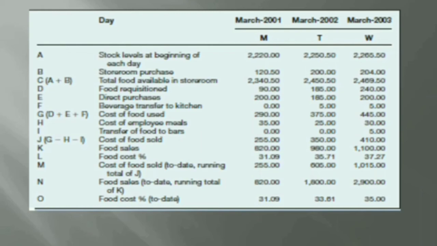If you compare the formats of the daily food cost reports, we will find that more detailing has been done in terms of beverage transfers to the kitchen; cost of employee meals is included; transfer of food to the bar is also included in this format.